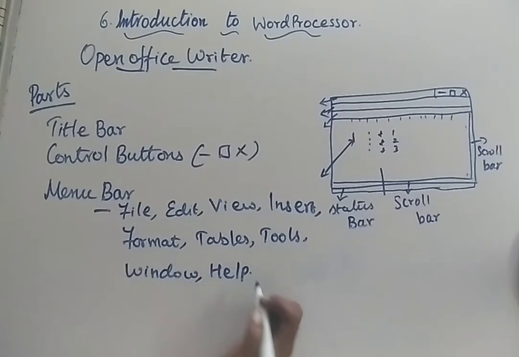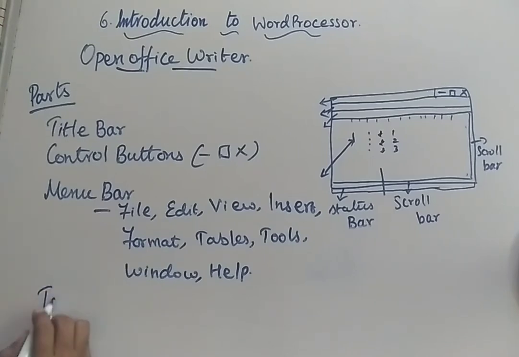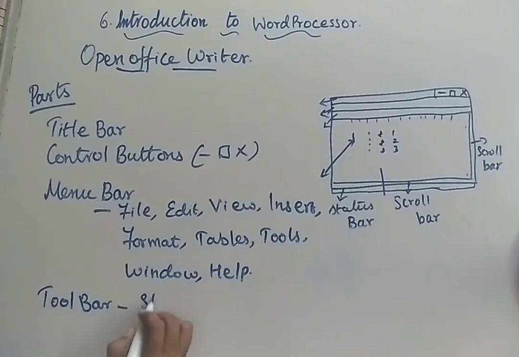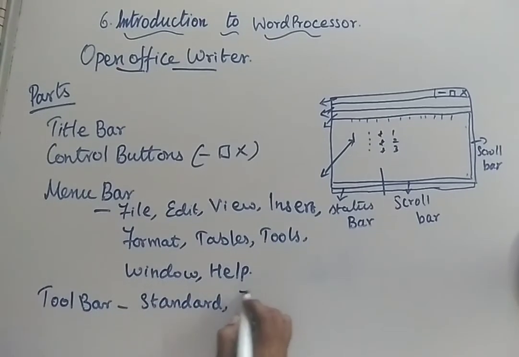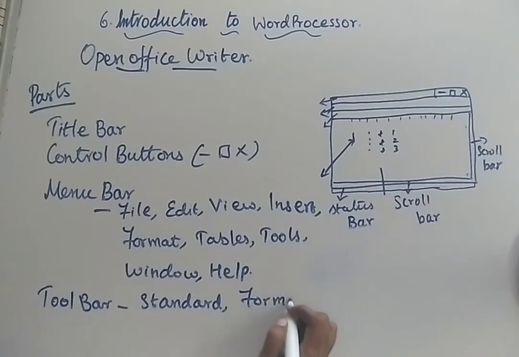So these are the menus that are available under the menu bar. Next we have discussed the toolbar. Here you have two types of toolbar: your standard toolbar and, next, your formatting toolbar.